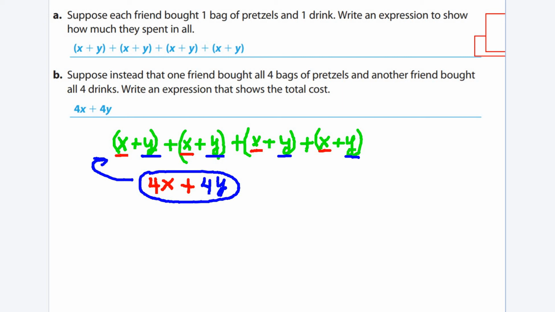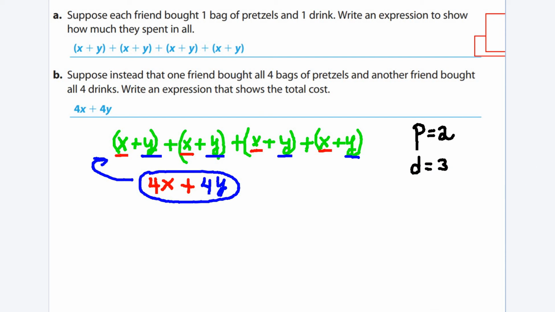Now let's actually plug in numbers to double check to make sure we got this right. I'm just going to make these numbers up. Let's say a bag of pretzels costs $2. So pretzels equals $2, and let's say a drink is $3.